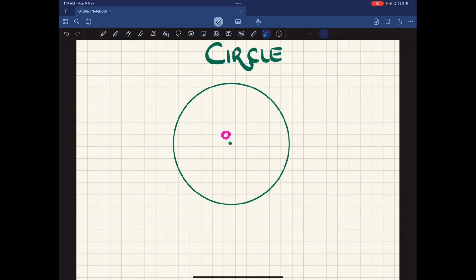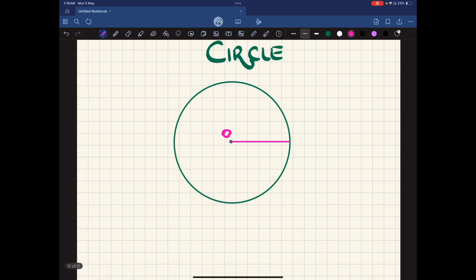Okay, so this is the radius. What is the radius? A line segment from the center of the circle to any point on the circle. Okay. What is the diameter?